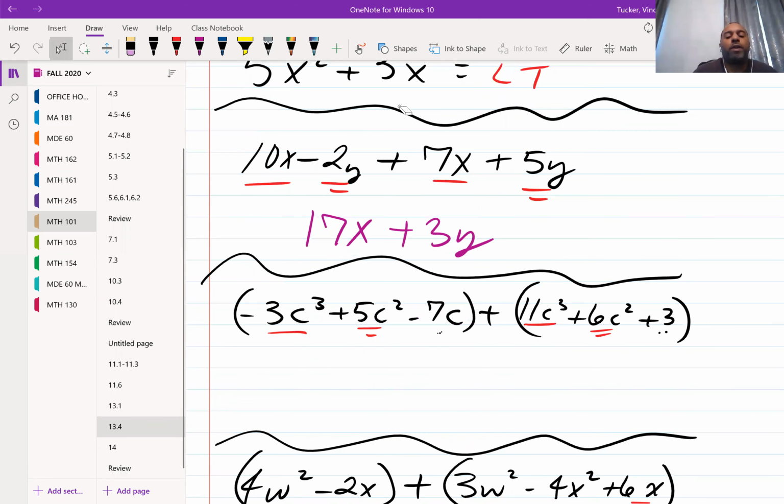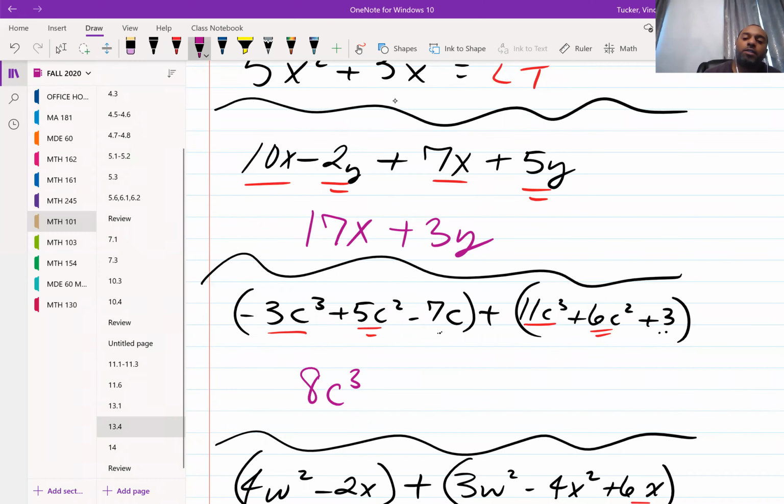All right, next one, we have negative 3c cubed plus 5c squared minus 7c plus 11c cubed plus 6c squared plus 3. Once again, combine your like terms. So you see negative 3c cubed and 11c cubed. That'll be 8c cubed.